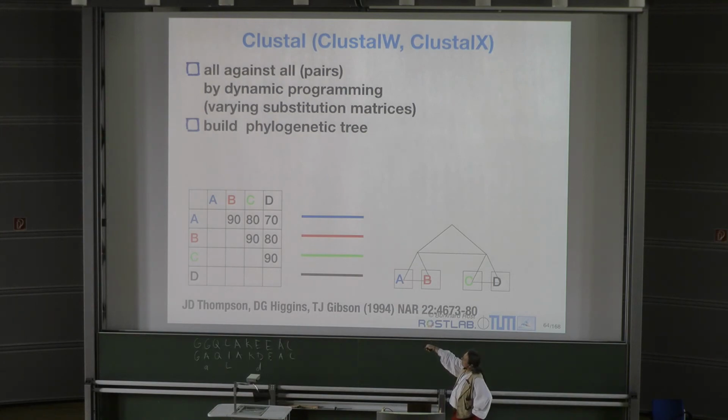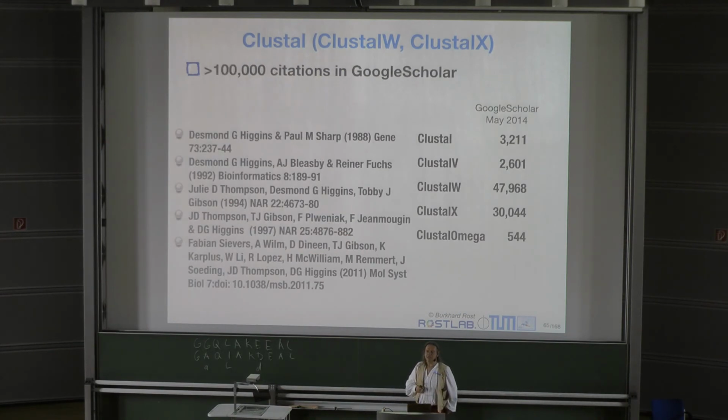You do an all against all, you fill in this matrix for proteins A, B, C, D, by dynamic programming, and then you build up a phylogenetic tree, and you use that tree to do an alignment of pairs against pairs. Not with consensus sequences, but essentially with profiles with probabilities. That's the way it is done. It is highly cited, with hugely over 100,000 citations at this point.